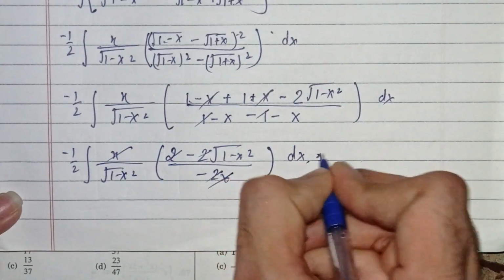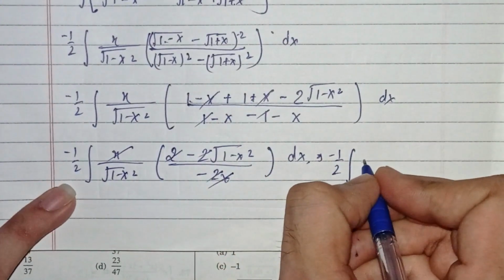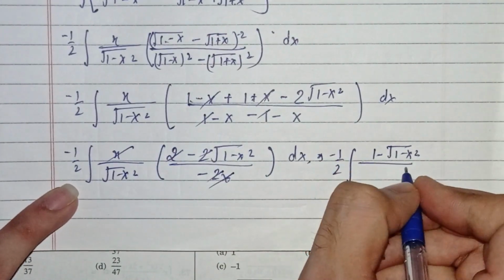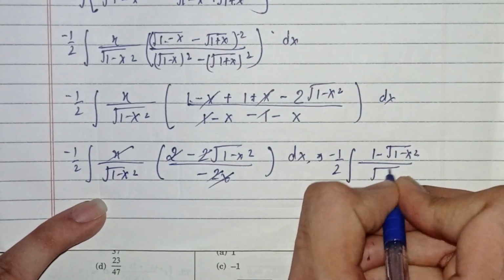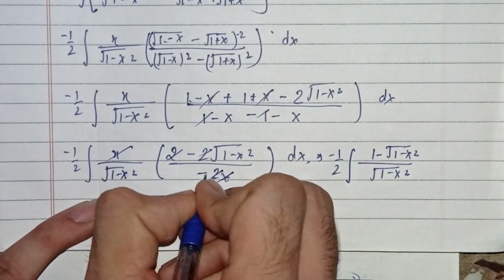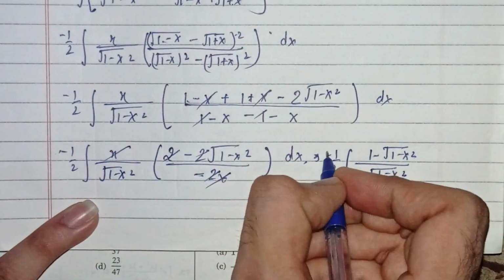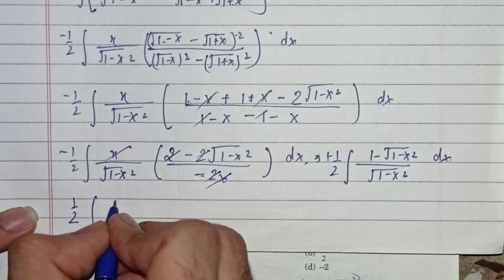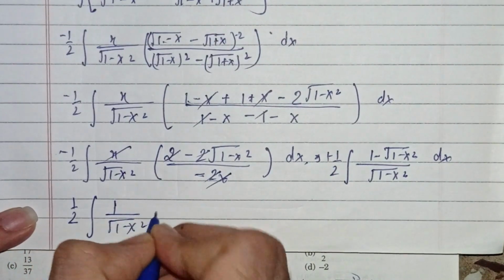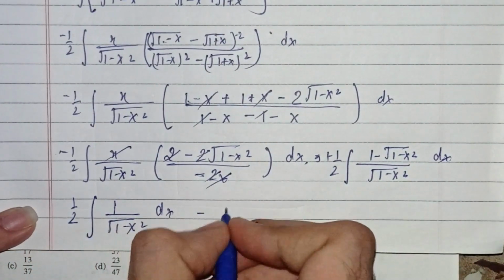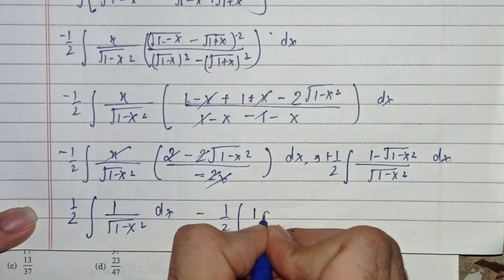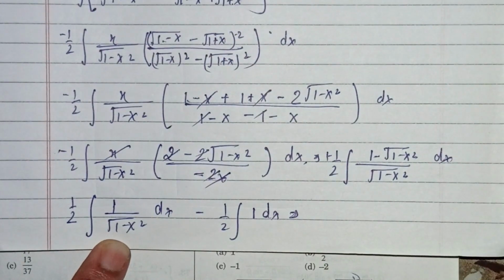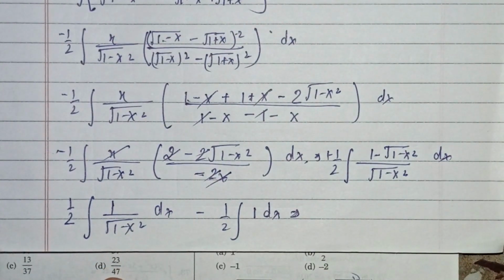So I am left with minus 1/2 integration of (1 − √(1−x²)) upon √(1−x²), and this minus will become positive, dx. So if I separate both apart, it is the integration of 1 upon √(1−x²) dx minus 1/2 integration of 1 dx. The integration of 1 upon √(1−x²) is sine inverse.